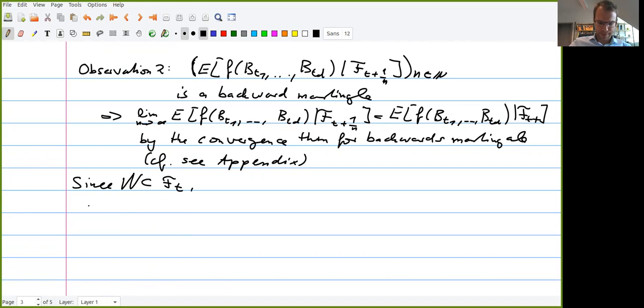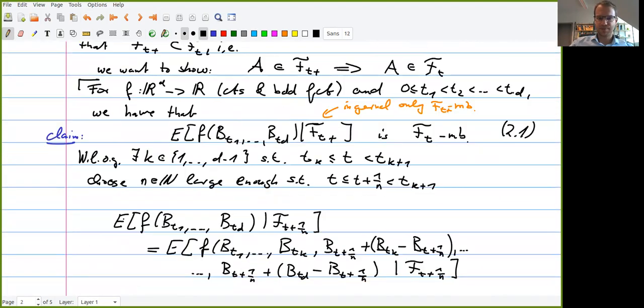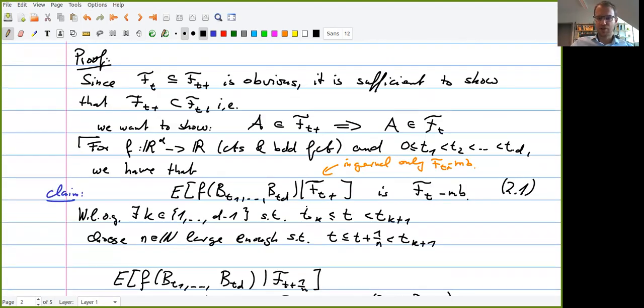So this means that my claim holds. This is my claim, just to recall it for you: if I look at this conditional expectation with respect to F_{t+}, it's even F_t measurable.